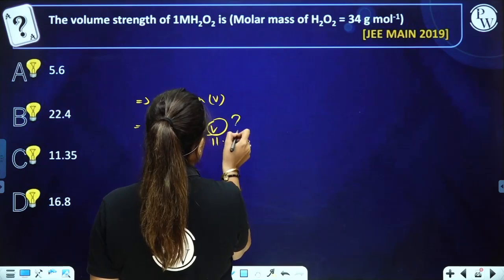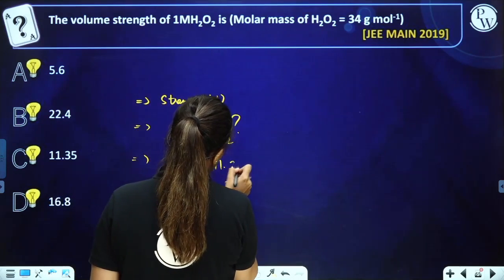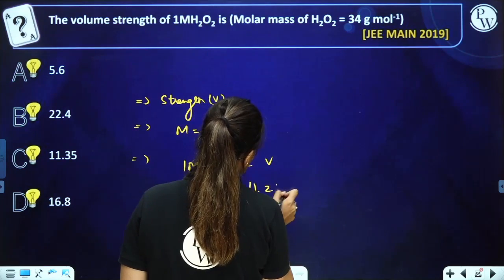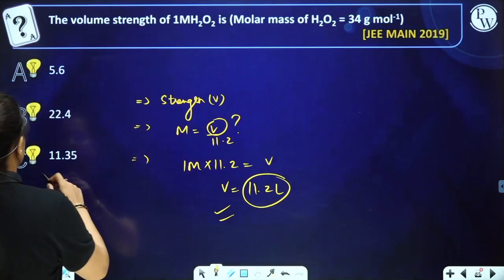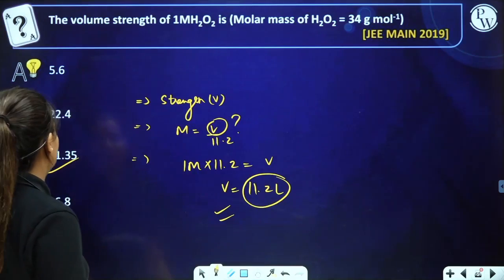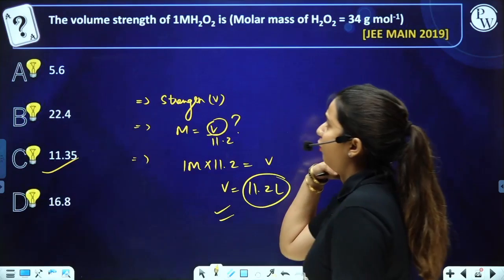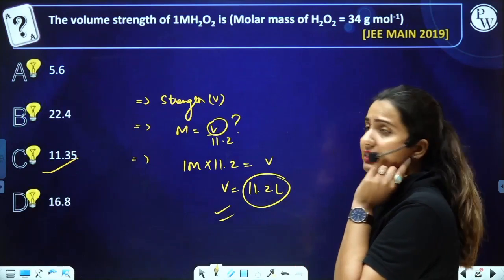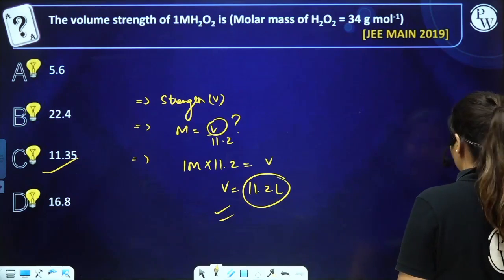You need to calculate this V. Molarity is given as 1 M, multiply that by 11.2, and V is coming out to be 11.2 liter. You can have your nearest answer as 11.2, as the volume strength of 1 M H2O2 solution.